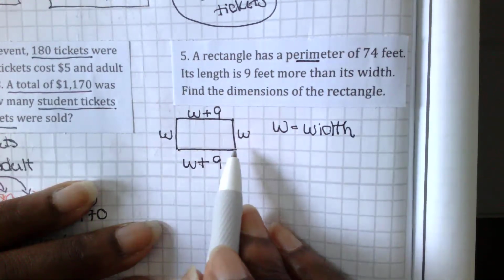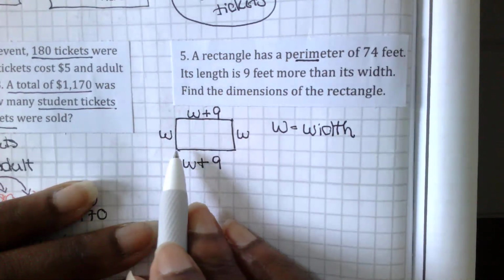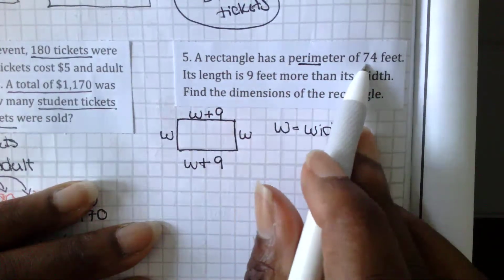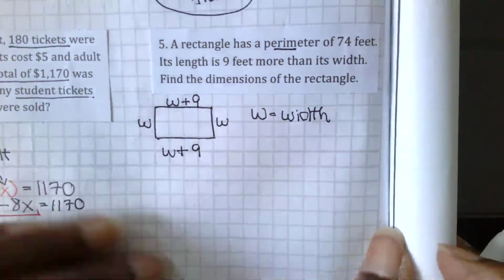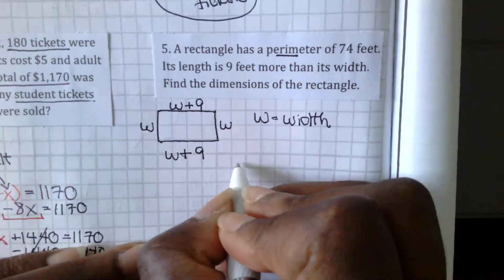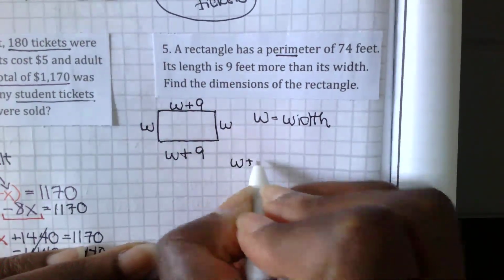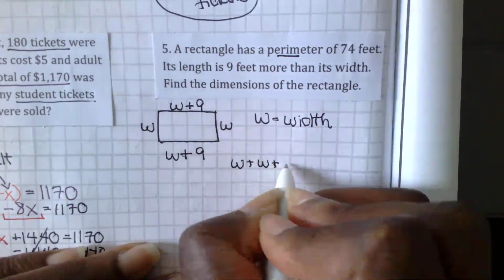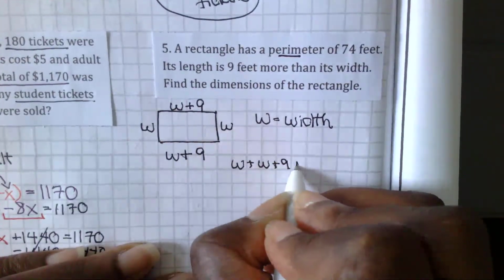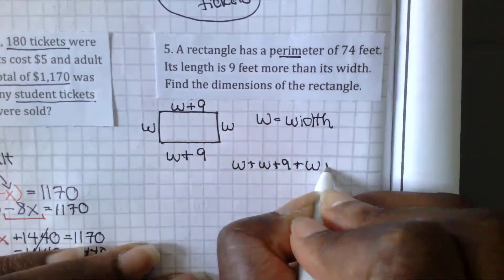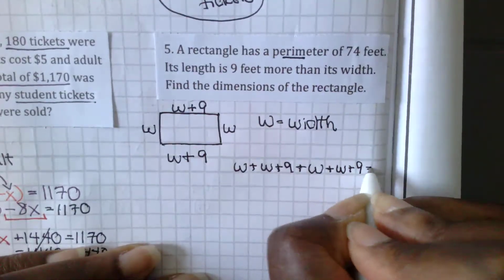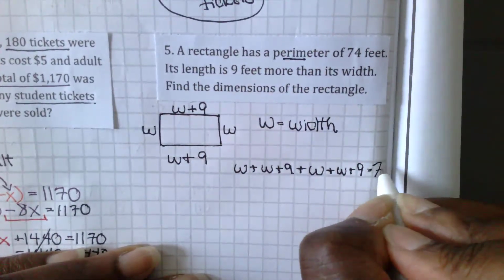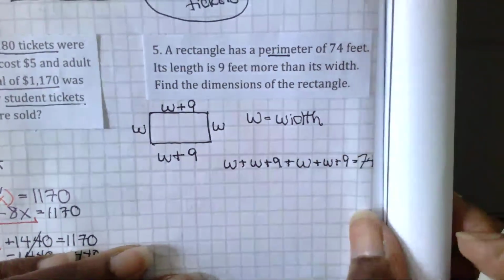If we add up all 4 sides, it should equal 74 feet. So some people can actually write it out as width plus 9 plus width plus 9 equals 74.